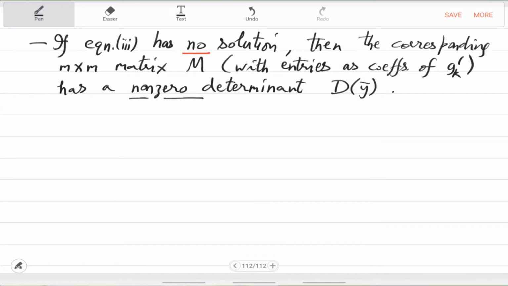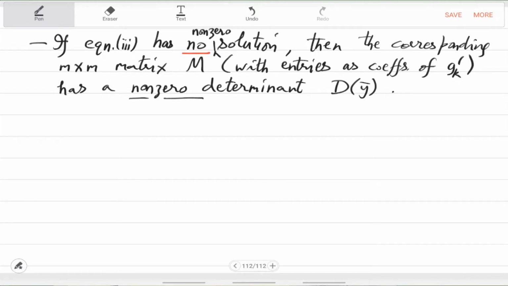If it doesn't have a non-zero solution, then this means that the matrix M is actually invertible.